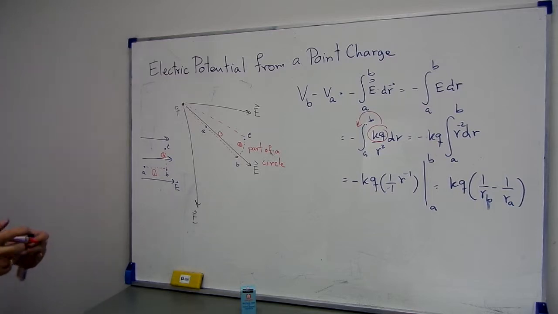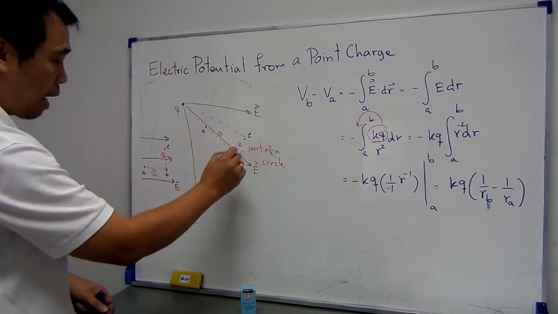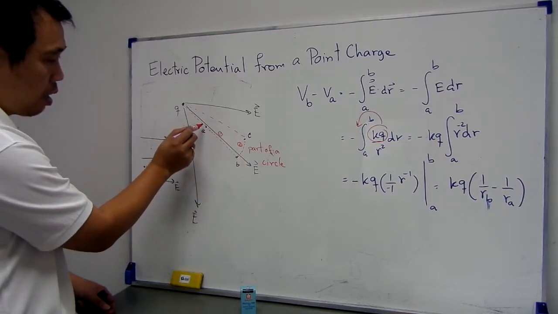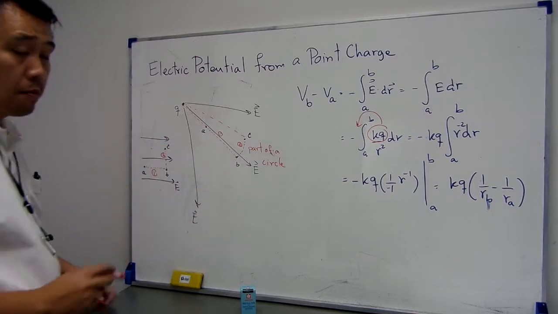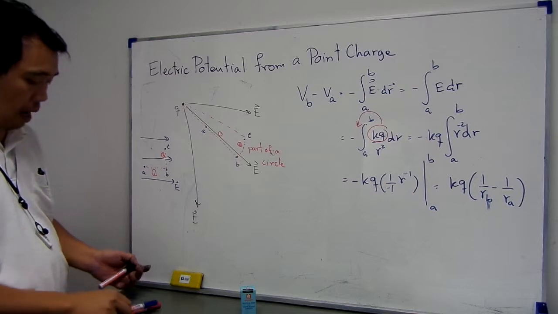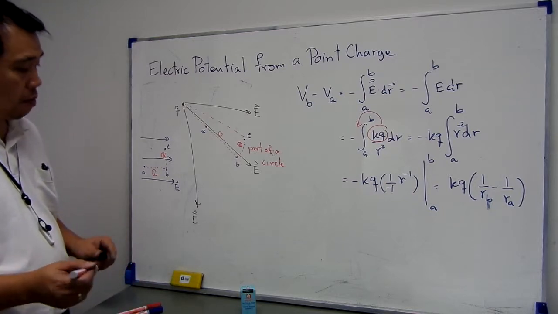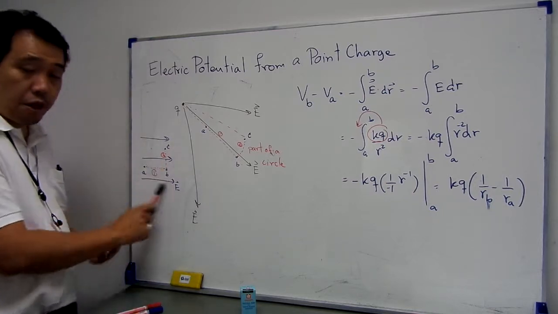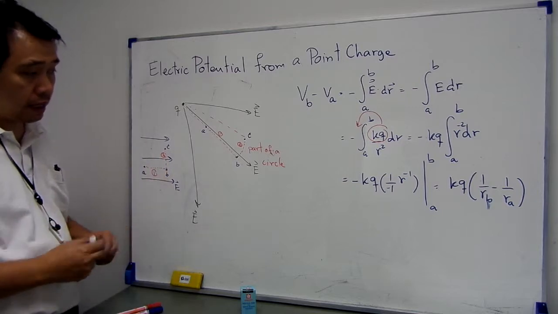Why do we choose the path like this? This is a curved path, and this is the straight line path. It is because we use the same concept as in this calculation.